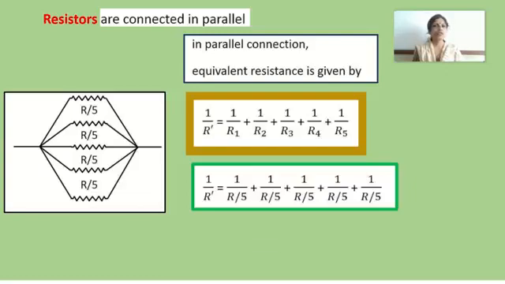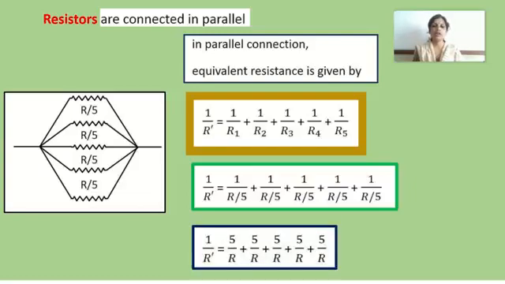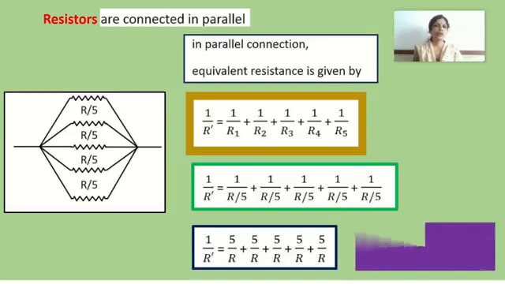Now reverse the ratio. When you reverse the ratio, what did you get? 1 upon R dash is equal to 5 upon R plus 5 upon R plus 5 upon R plus 5 upon R plus 5 upon R. Add it. After adding it, you get 1 upon R dash is equal to 25 upon R.